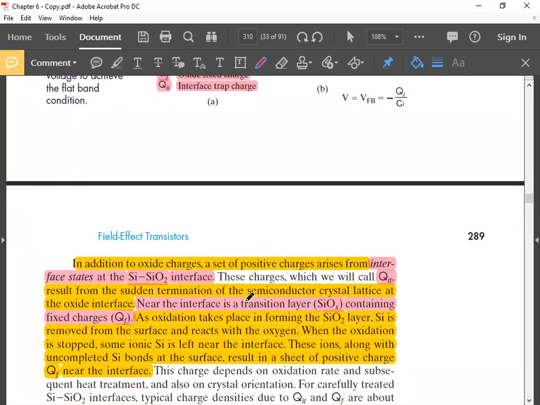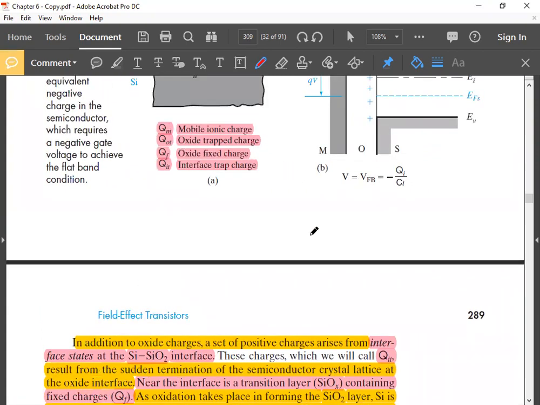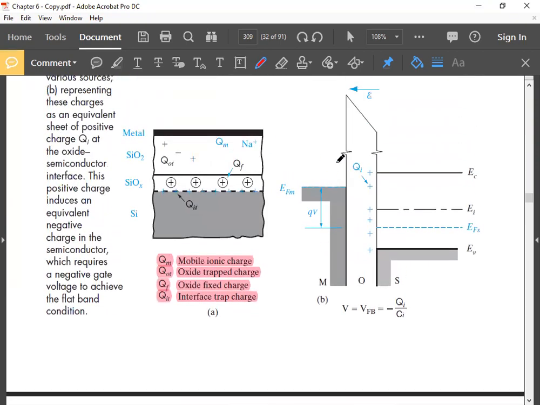Near the interface is a transition layer, SiOx, containing fixed charges, Q F. This is the fourth charge. What is that? When oxygen is reacting with silicon, this oxidation reaction is allowed for a certain amount of time, depending on the desired thickness of the oxide layer.